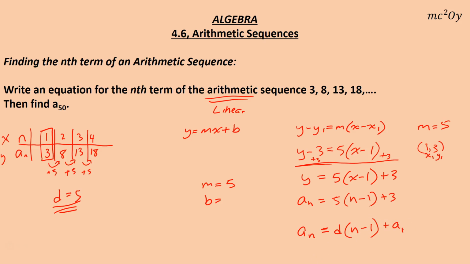The general form of the explicit formula is a sub n is equal to a sub 1, so they put the a sub 1 out in front. When I say they, I mean the math people of the world. They put a sub 1 out in front, plus n minus 1.